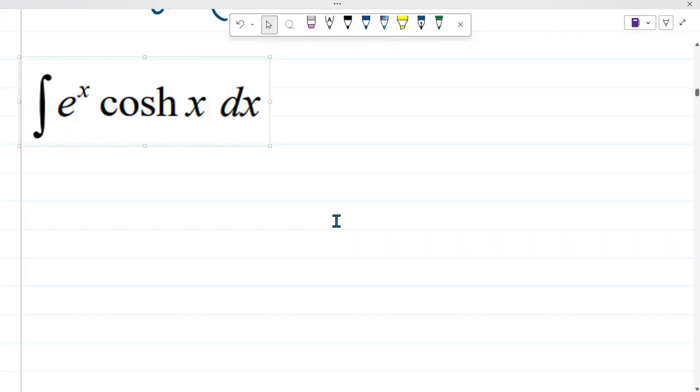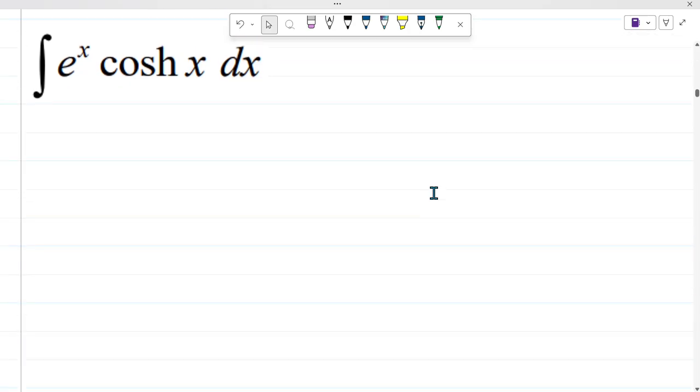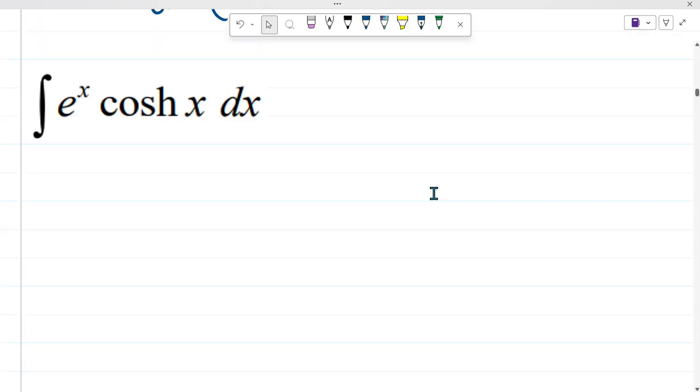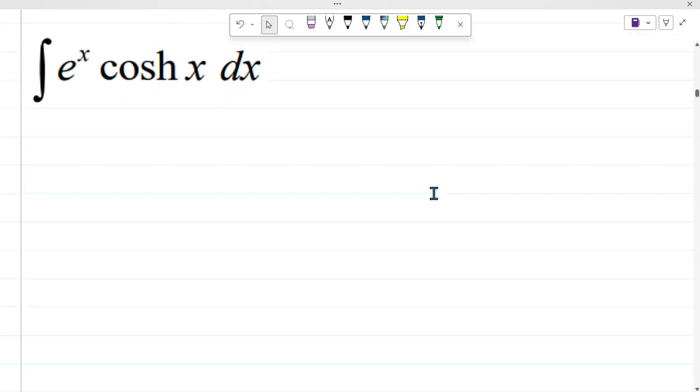Whenever we have a hyperbolic function and an exponential function, we do the following procedure. You substitute the hyperbolic function by its equivalence, or by the definition of hyperbolic functions.